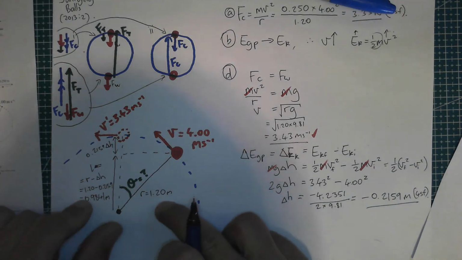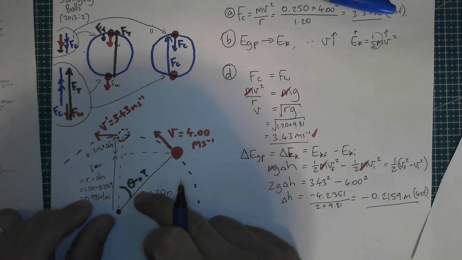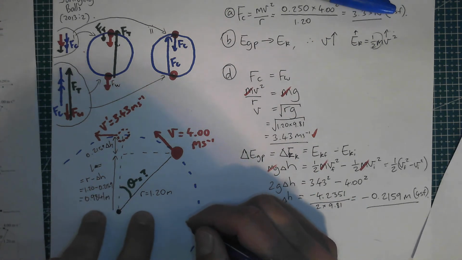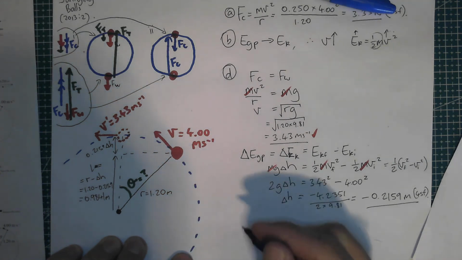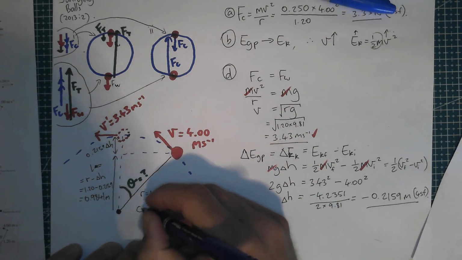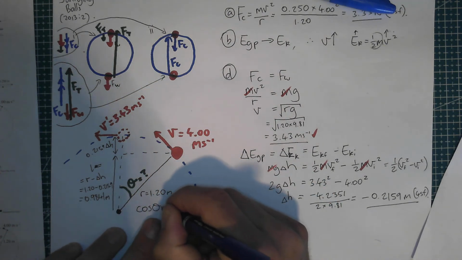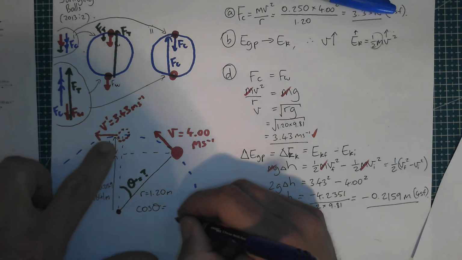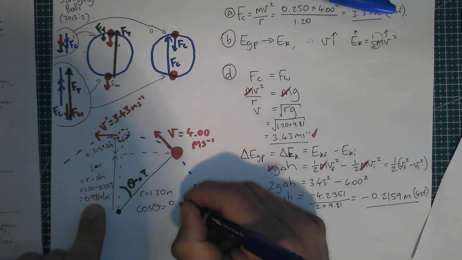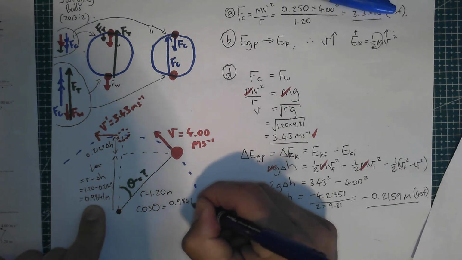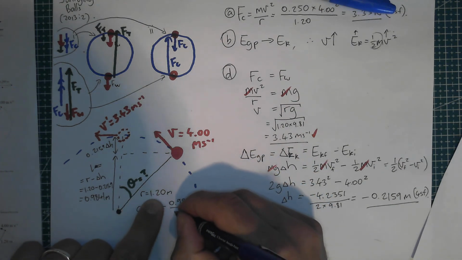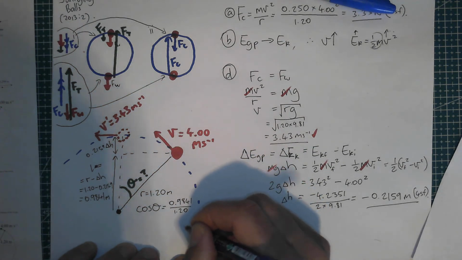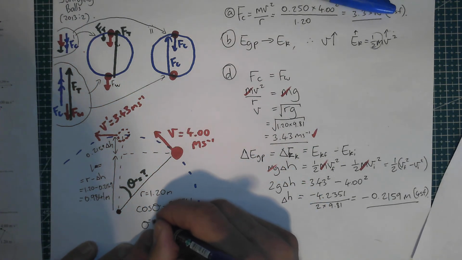Cool, so now I've got two sides and I need to work out an angle, so it's become a trig problem. This is a cosine problem. So cosine of theta is equal to this side here, 0.9841, divided by the hypotenuse, which is the radius of our circle, and then I need to solve for the angle.